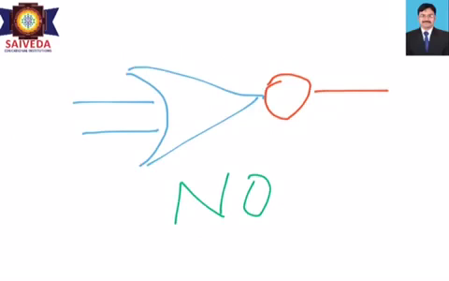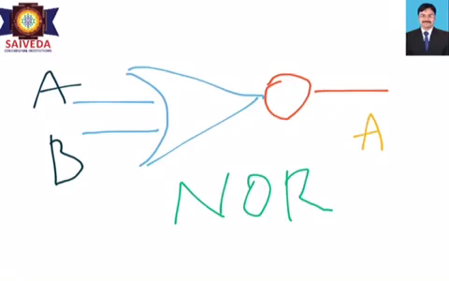This is the direct symbol for the NOR gate. A, B are the inputs and the output is A plus B bar. Simply, you can take this as the symbol for the NOR gate. A, B are inputs, and the output is A plus B bar or A plus B complement.